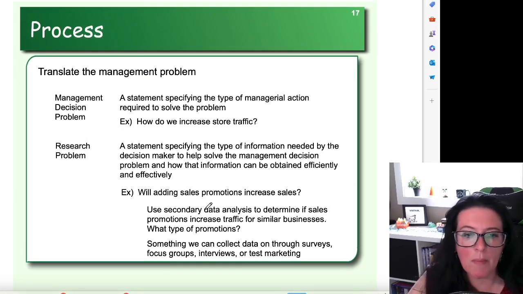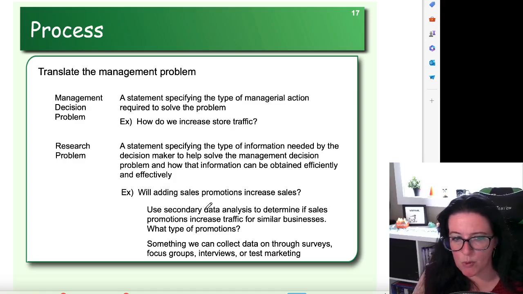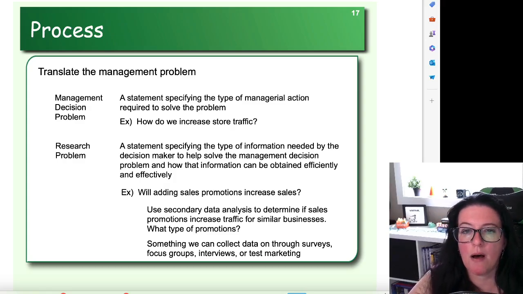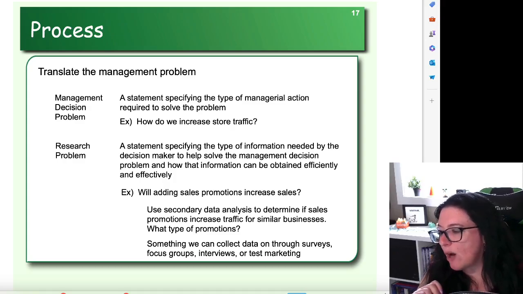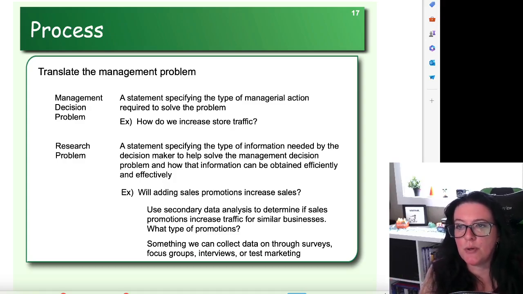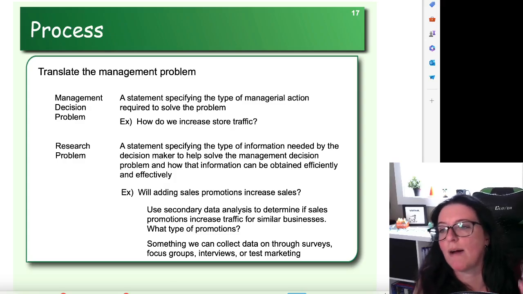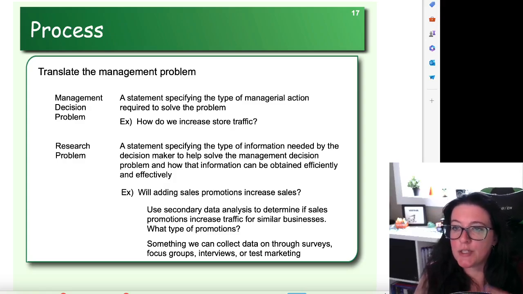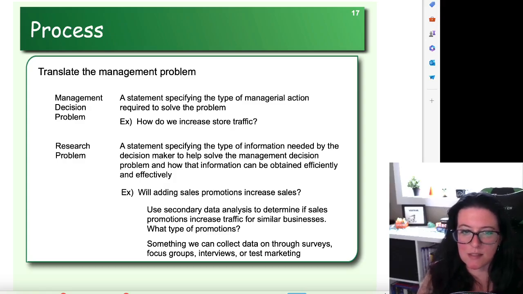Okay, management decision problem. So our management decision problem is the statement that is specifying the type of action required to solve the problem. So management comes to you and says, how do we increase store traffic? How do we get more people walking through the door? And you're going to turn that into a research problem after you probe, understand context, look at the symptoms in more detail.